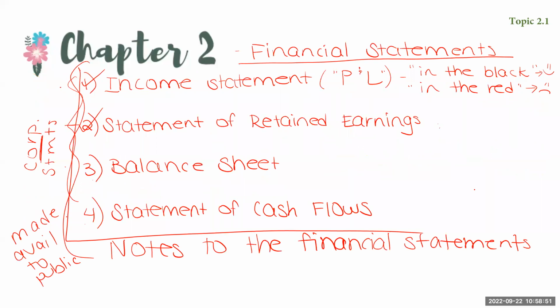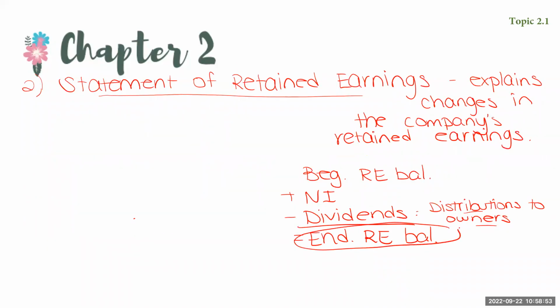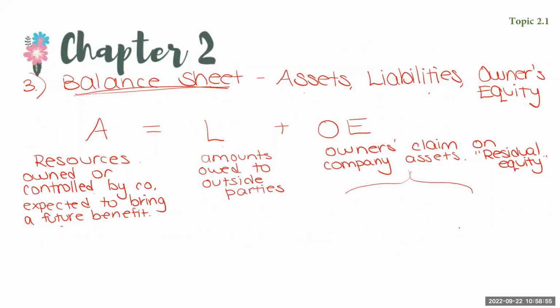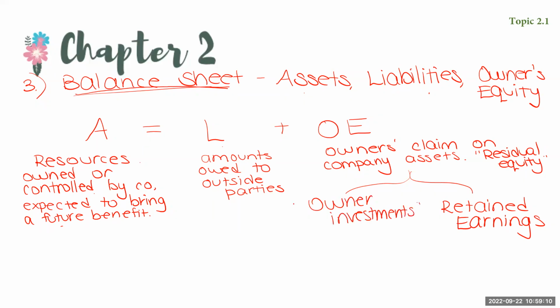Owner's equity is going to include retained earnings and any owner investments. For corporations, we call owner investments common stock, because if you make an investment in a public company, in exchange, you get common stock, okay?